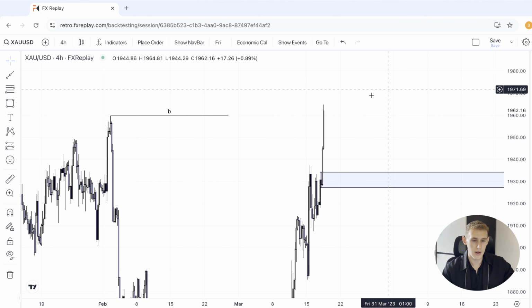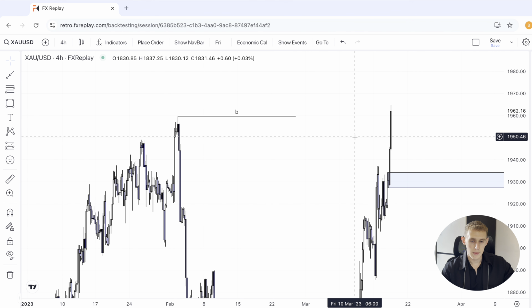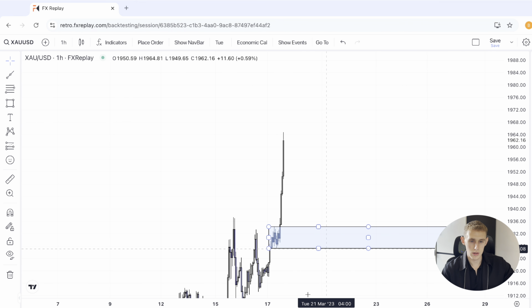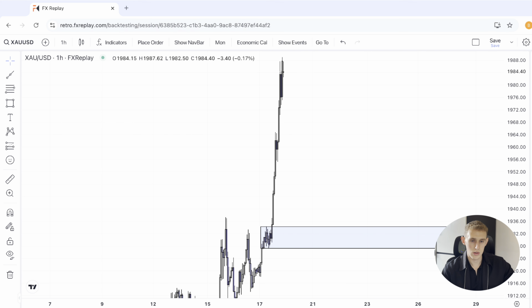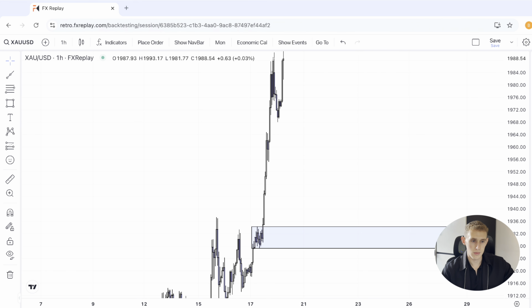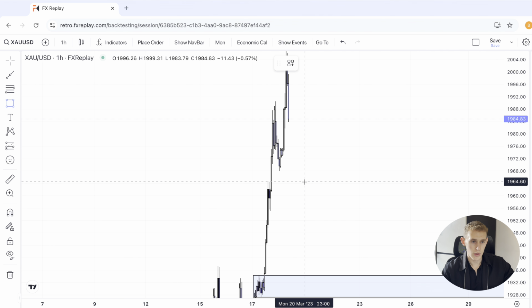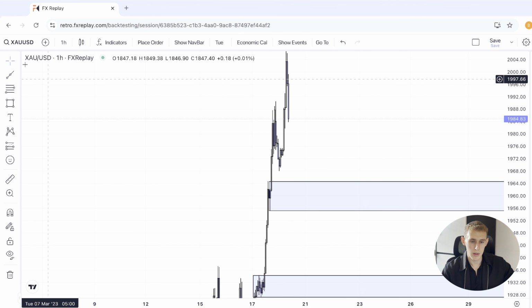This demand zone here is still valid for me. There's not really anything above it either, so I could now look at this zone instead. You've got a sort of inducement above it.